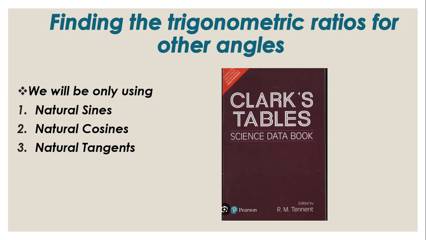So we'll be using a book called Clark's Tables to find the trigonometric ratios for other angles. In this book, we'll be only using natural sines, natural cosines and natural tangents.